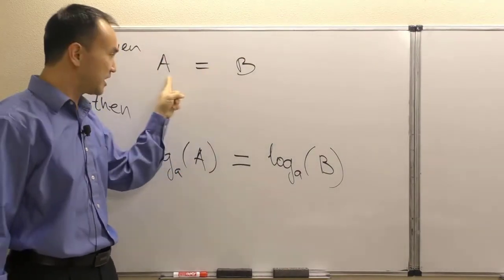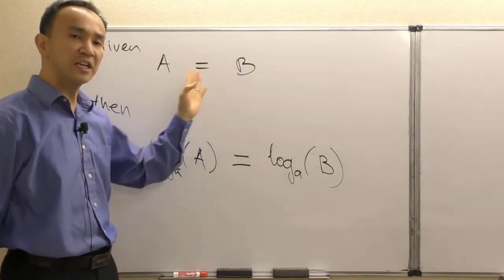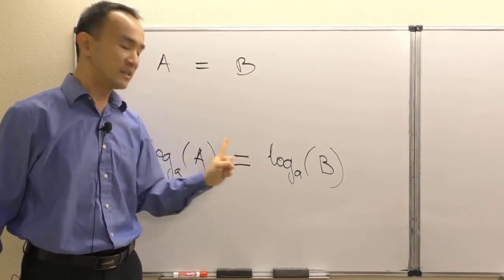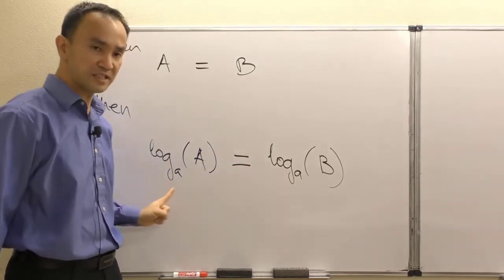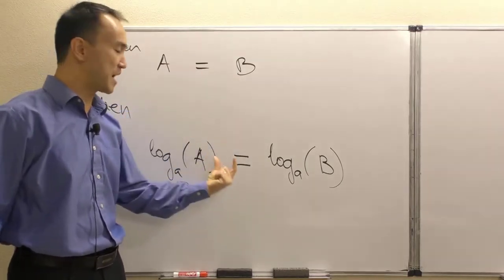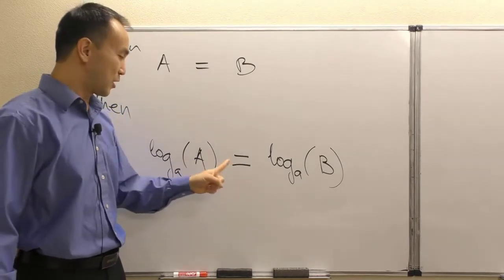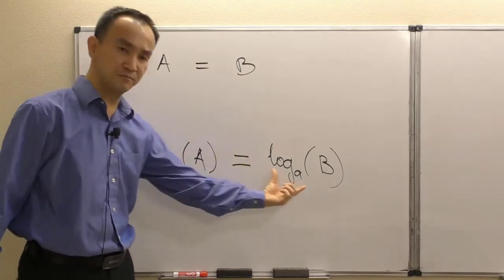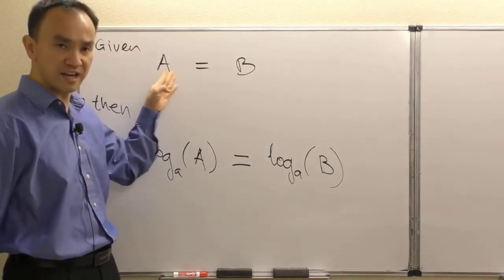The point is that anytime we have two equal expressions, taking logarithms of whatever base, of the two expressions will still maintain equality. So equality is still true after we take the logarithm of each of the quantities A and B, provided A and B are equal.